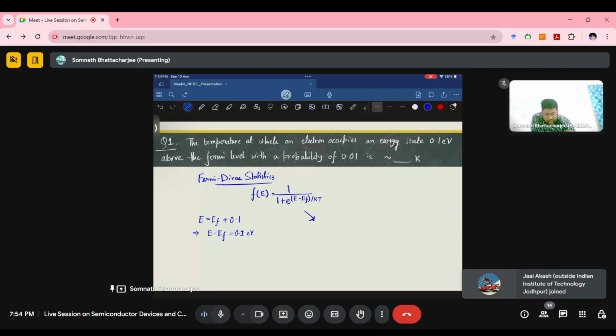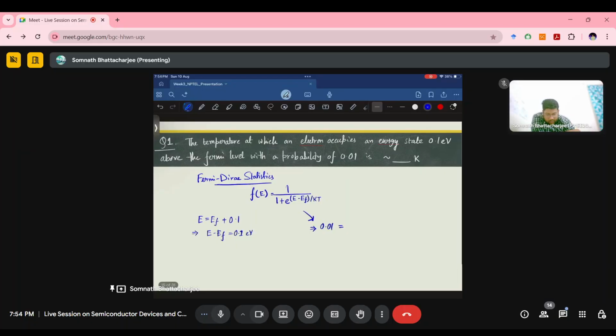So we can write it like this: 0.01 equals 1 divided by 1 plus e to the power of 0.1 divided by kT. Just a second, let me get my calculator.